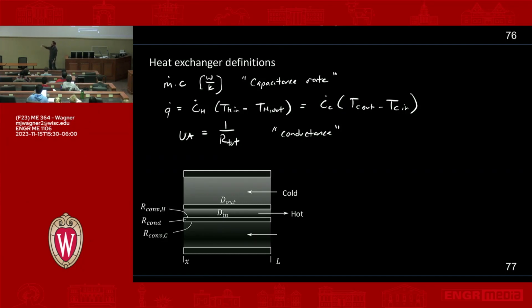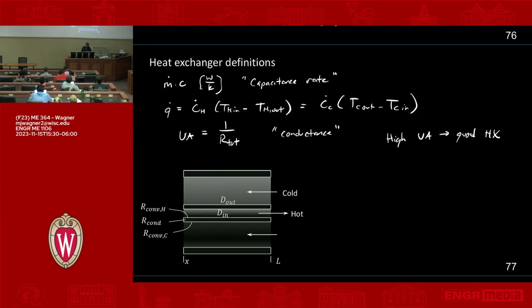So think of it like h bar A for convection, but U includes everything in the resistance network. A is the area available for, or the area of contact between, the two fluids. Okay, so that's conductance. Like I said, high UA is a good heat exchanger.